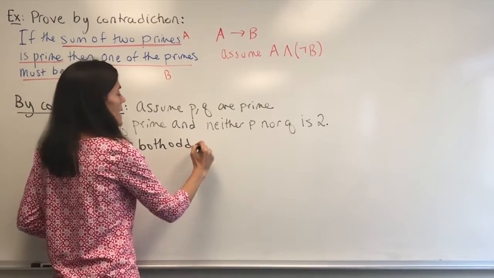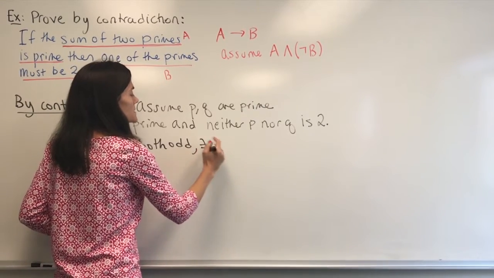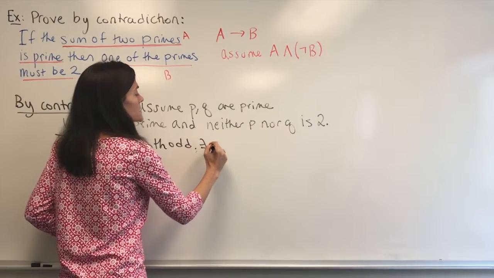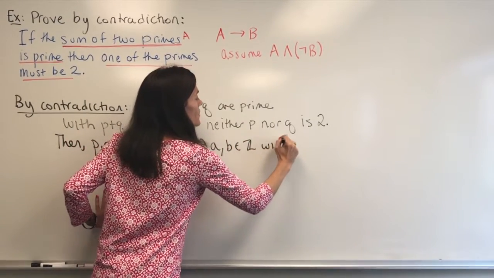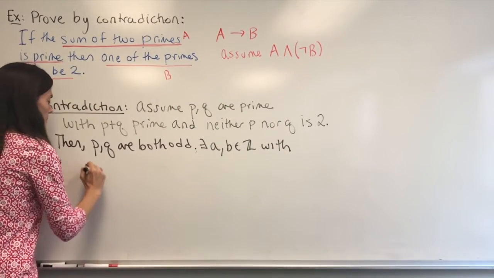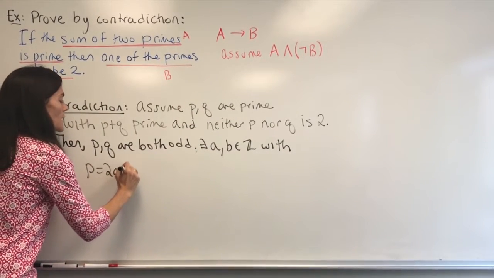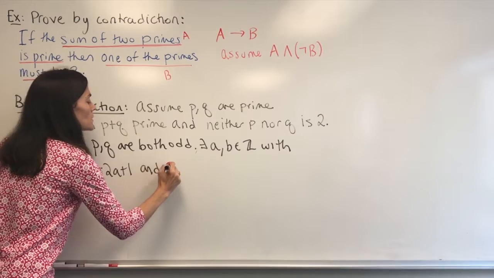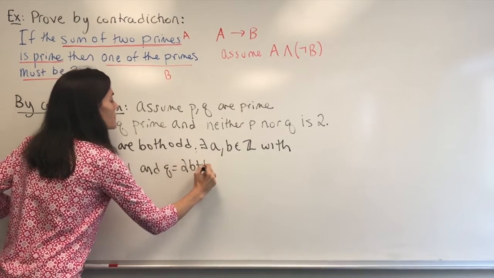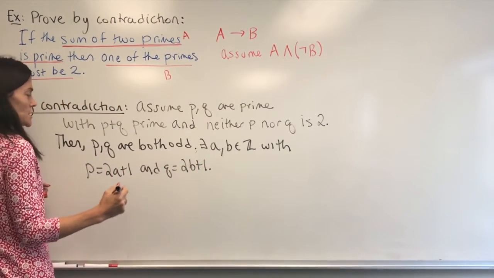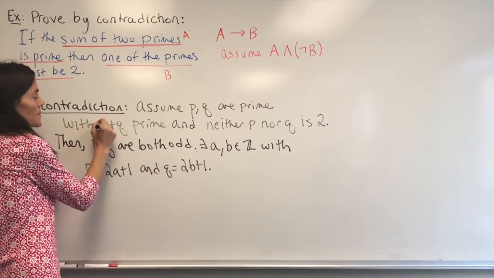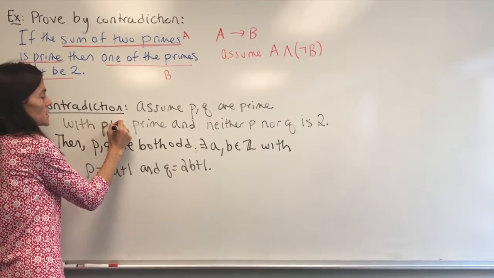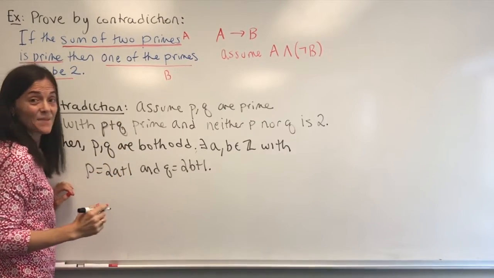So then there exist integers A, B with P is 2A plus 1 and Q is 2B plus 1. And now we just add, because we know something about this, P plus Q. So let's add that and see what we get.